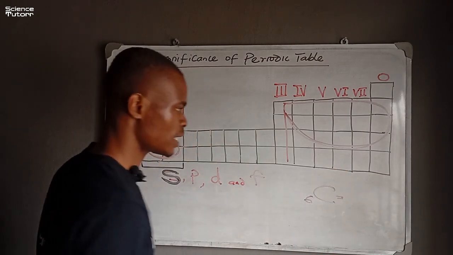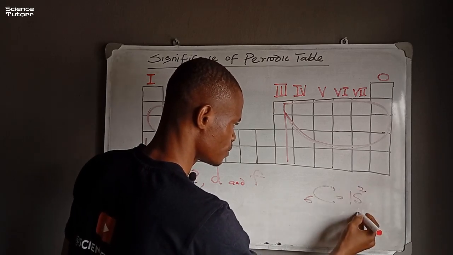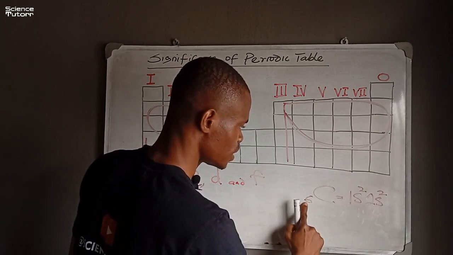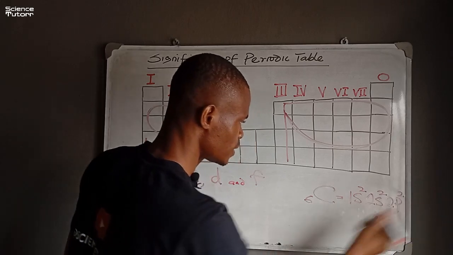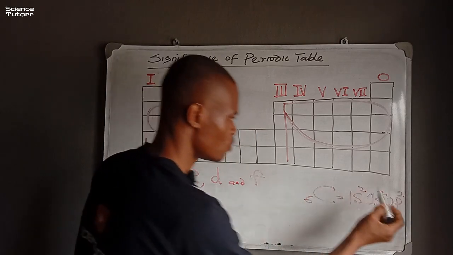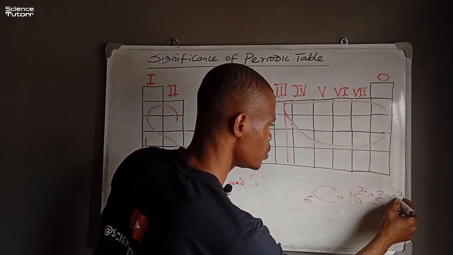If I'm to write the electronic configuration: 1s2, 2s2, 4 is gone, remaining 2, 2p2. This is the electronic configuration of carbon. Now when you consider the outermost block, you can see we have the P block.